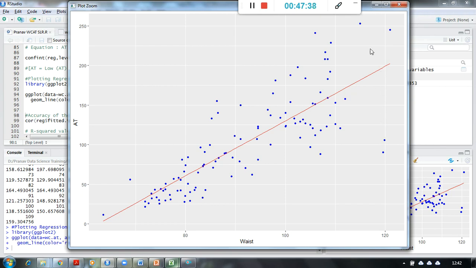Whereas over here, my original y value is very high, and because of this regression line my fitted value is somewhere here, so y minus y hat gives a positive error.